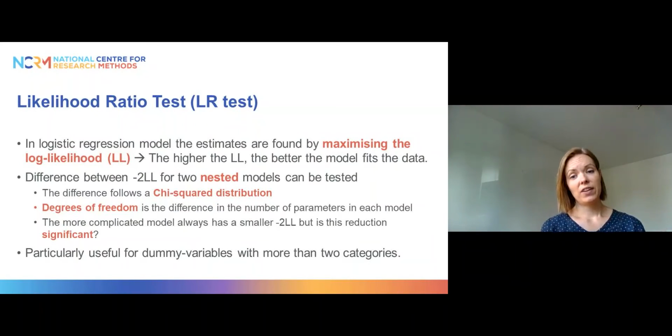The more complicated model always has a smaller -2LL value, which means that the fit is better, but this reduction in this value is not always statistically significant. And the likelihood ratio test tells us whether it is significant and whether we should keep that more complex model or go with a simpler one.